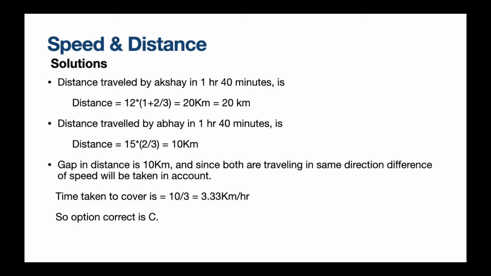Now, in this case, the gap in distance is 10 kilometers and the difference of the speed of Abhay and Akshay is 15 minus 12, that is 3 kilometers per hour. So 10 divided by 3 will give me 3.33 hours, which would be the time required for Abhay to overtake or meet Akshay. So the answer is this option, 3.33.